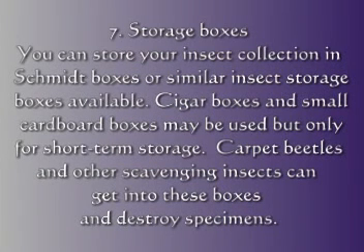Storage boxes. You can store your insect collection in skimmed boxes or similar insect storage boxes available. Cigar boxes and small cardboard boxes may be used but only for short-term storage. Carpet beetles and other scavenging insects can get into these boxes and destroy your specimens.